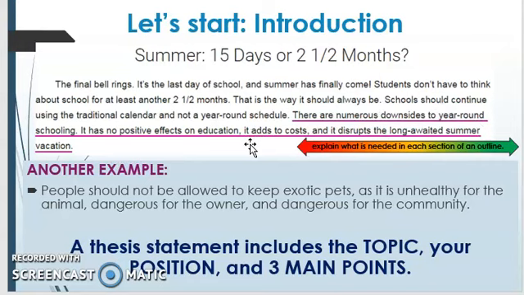It's giving us the topic, which is year-round schooling. They're telling us there are numerous downsides. It has no positive effects on education, reason 1, adds to costs, reason 2, and disrupts the long-awaited summer vacation. So you can see here we have their topic, their position on it, and those main points.